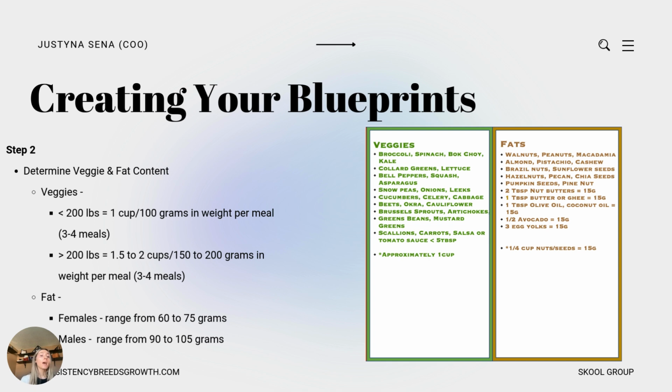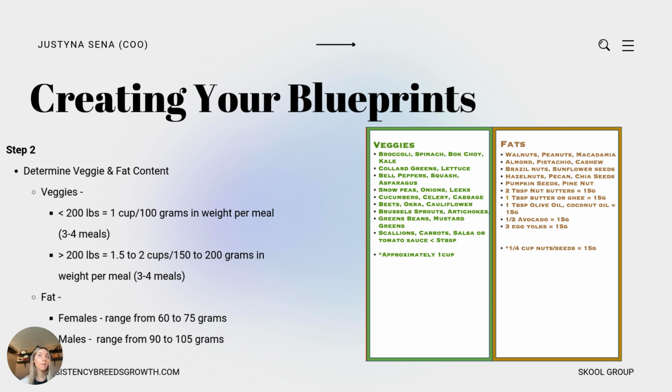Thinking of fat, kind of a little bit simpler when we think about it compared to protein and then what you'll see for carbs. Fats, a very easy way to make this very sustainable for you is to follow this rule of thumb. Females will range from 60 to 75 grams of fat for an entire day. Males will range from 90 to 105 grams of fat for a particular day.